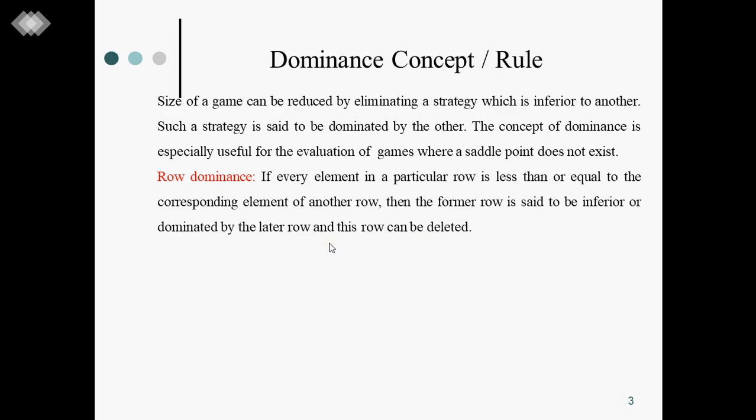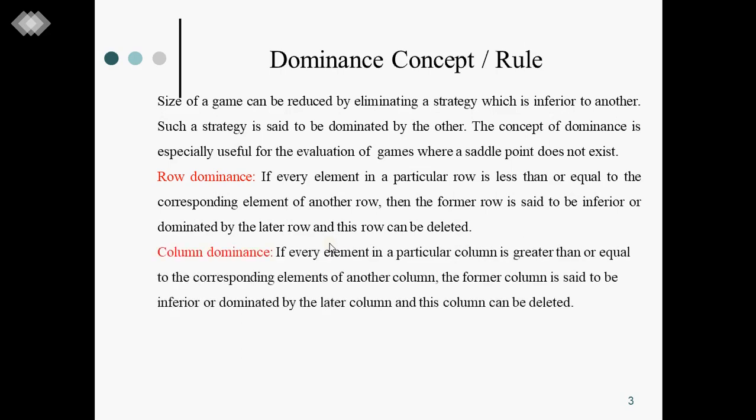By using R2 he is going to get 200 points. From A's point of view, which is better? Naturally 200 points. So we can say R1 is inferior or R2 dominates R1. Hence, R1 can be deleted. That is about row dominance.